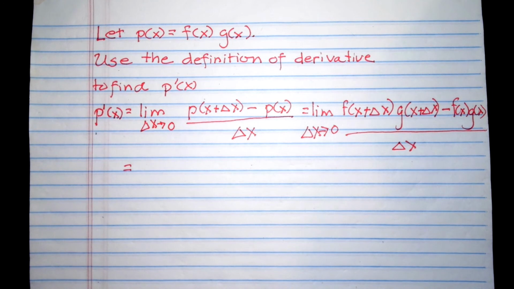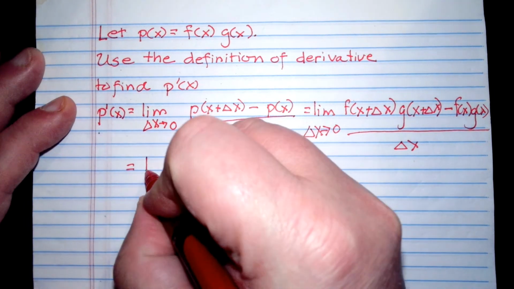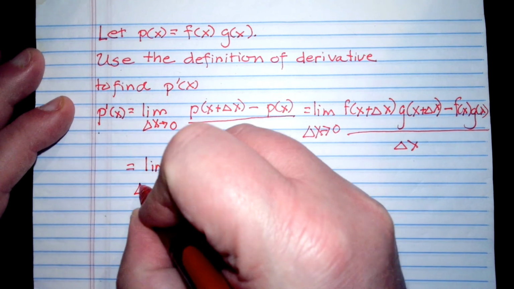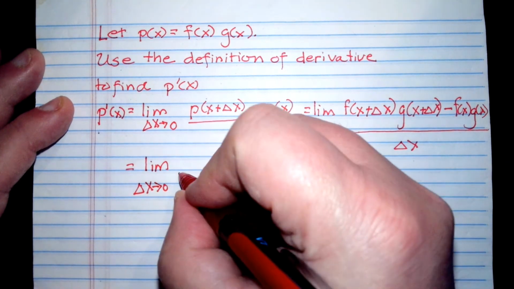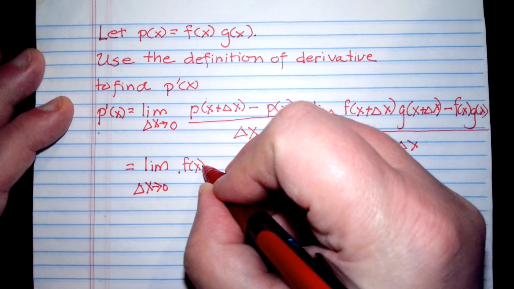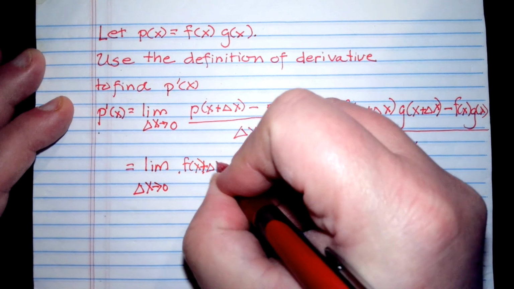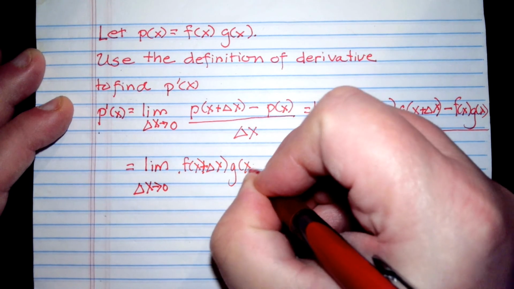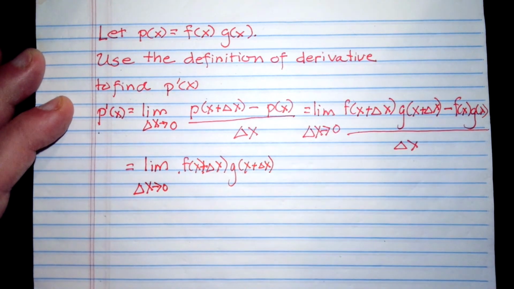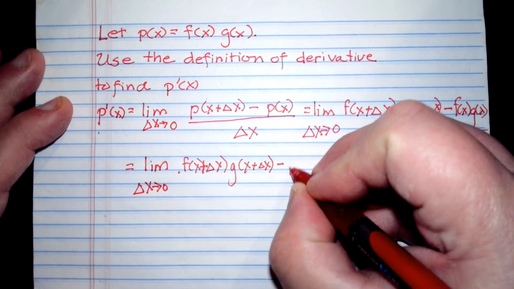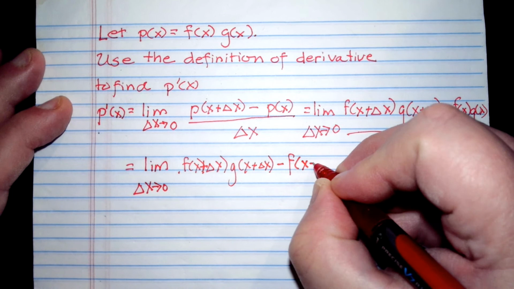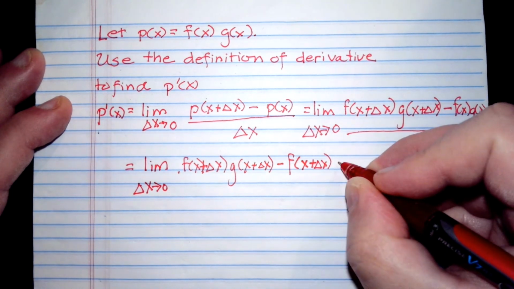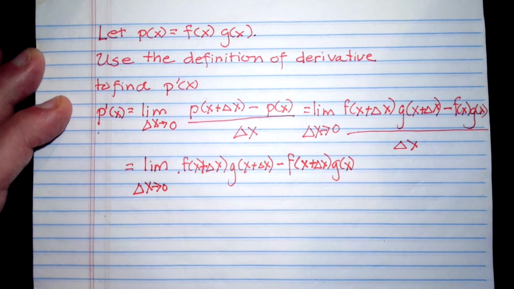Now for this next part, I'm going to do something that is a bit unexpected perhaps, but it's actually a fairly common technique in mathematics. We need a term, f of x plus delta x times g of x.